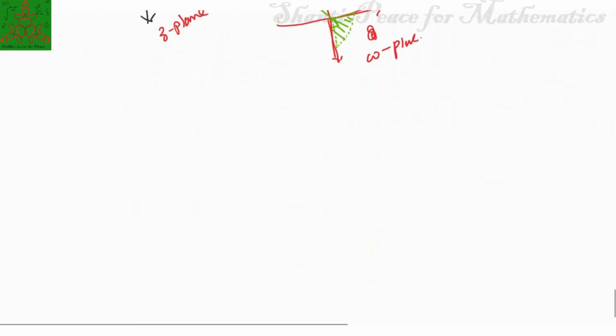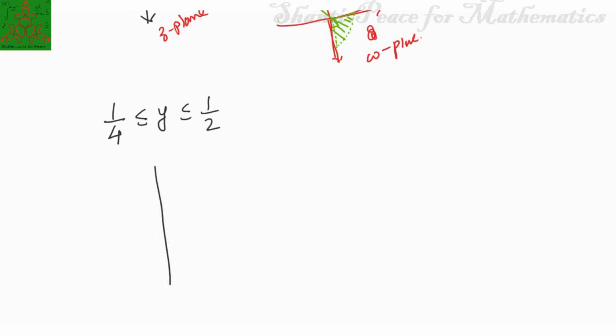Let's have the next example. The next example is to calculate the image of 1 by 4 less than or equal to y less than or equal to 2, that is the infinite strip you will have. Let us try to plot this infinite strip.